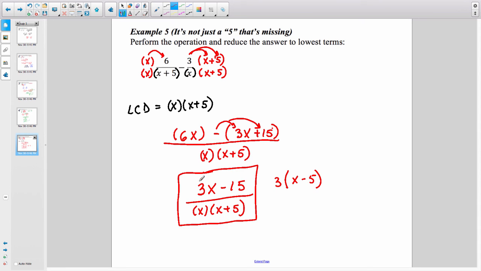So why don't I GCF a negative 3 out of the numerator? And that would leave me with x plus 5 as the factor. That looks much nicer. Because now look, I can now cancel the x plus 5s. So your final answer is negative 3 over x.